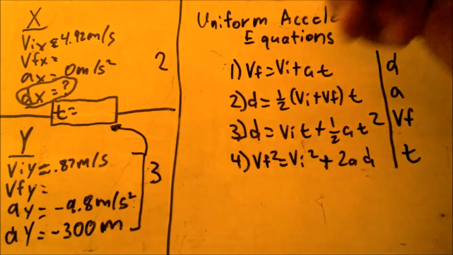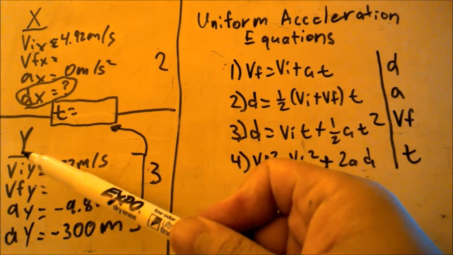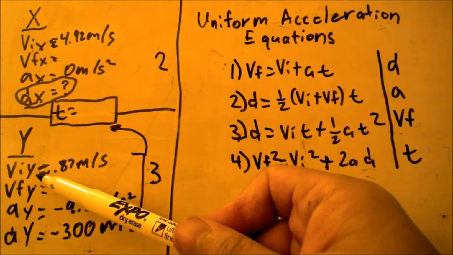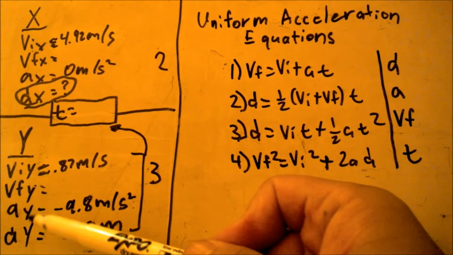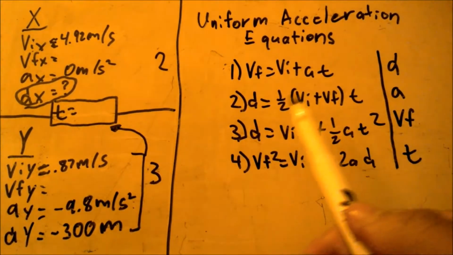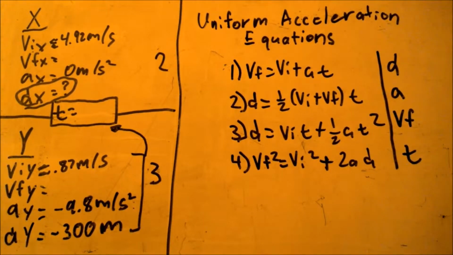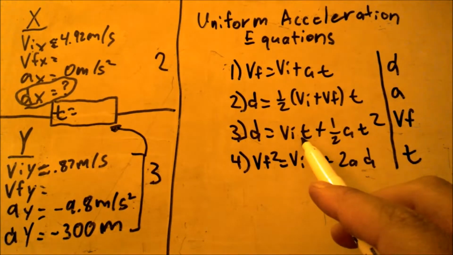Since the third equation doesn't have Vf, you would think that we would use Vf. However, that's not the case. If we did use it though, we'd have to put it into quadratic formula and solve that way, as you can see here.